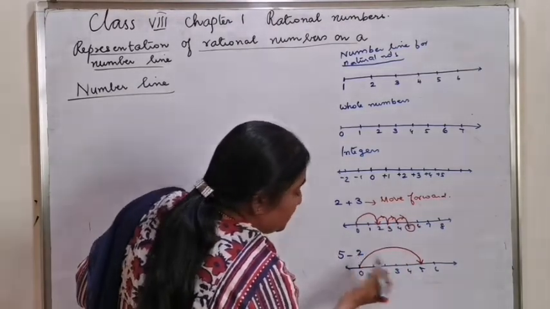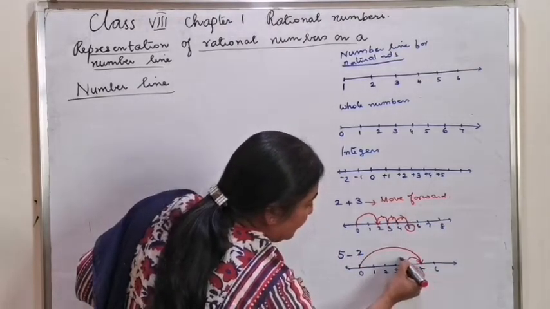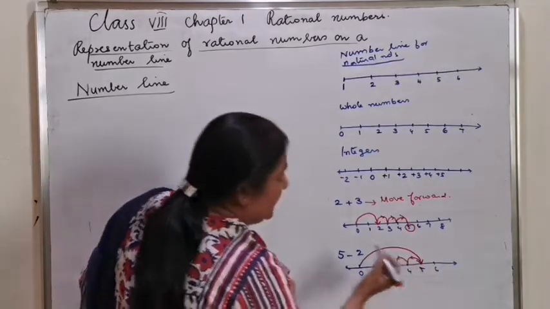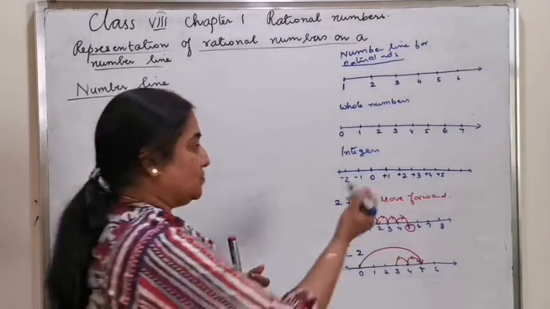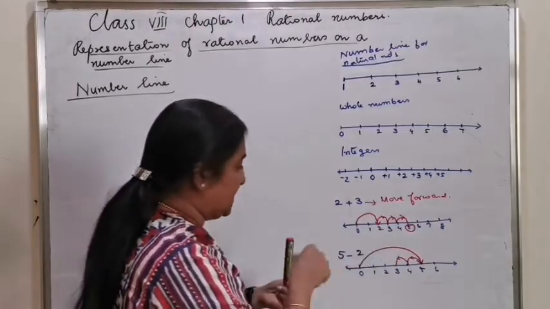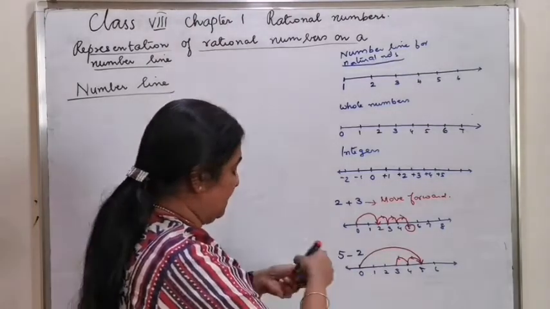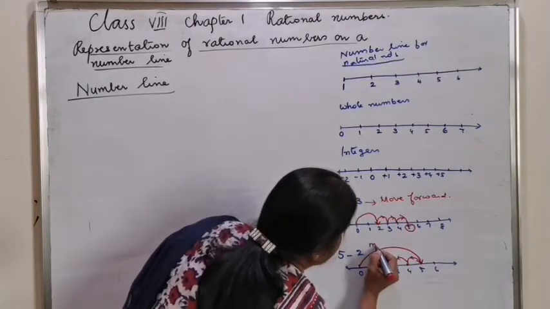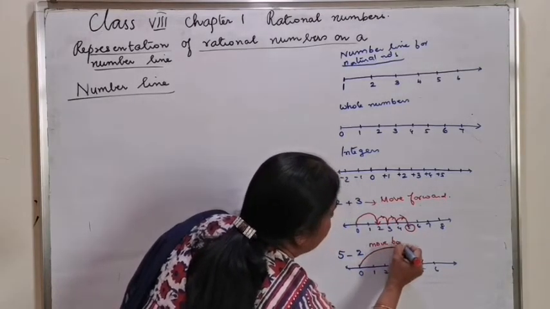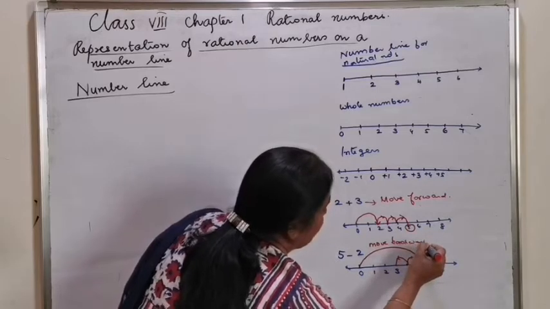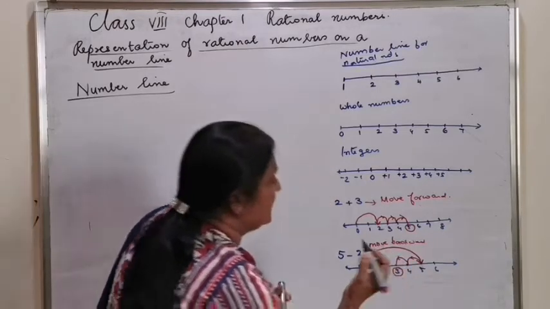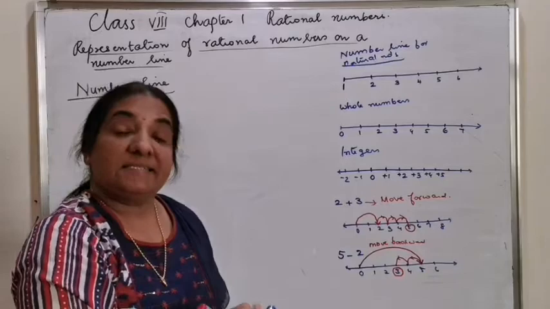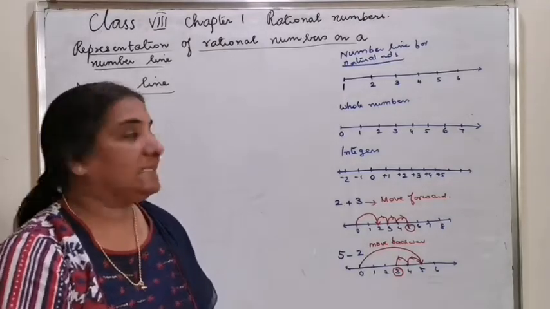That means 2 steps you will move back, or count backward. So you will give the subtraction answer as 5 minus 2 is equal to 3, and what you have done is move backward. The answer is 3.